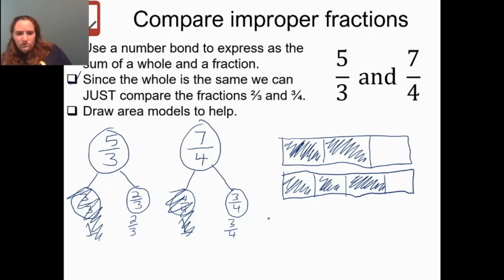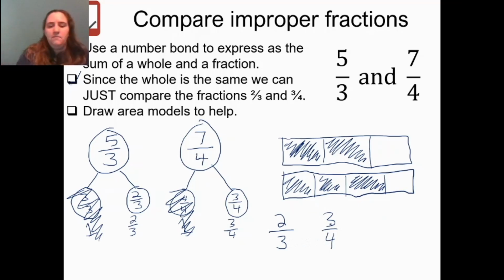So, we have 2 thirds and we have 3 fourths. Alright, so how can I make 3 and 4 the same so that we can compare the numerators if the denominator is the same?